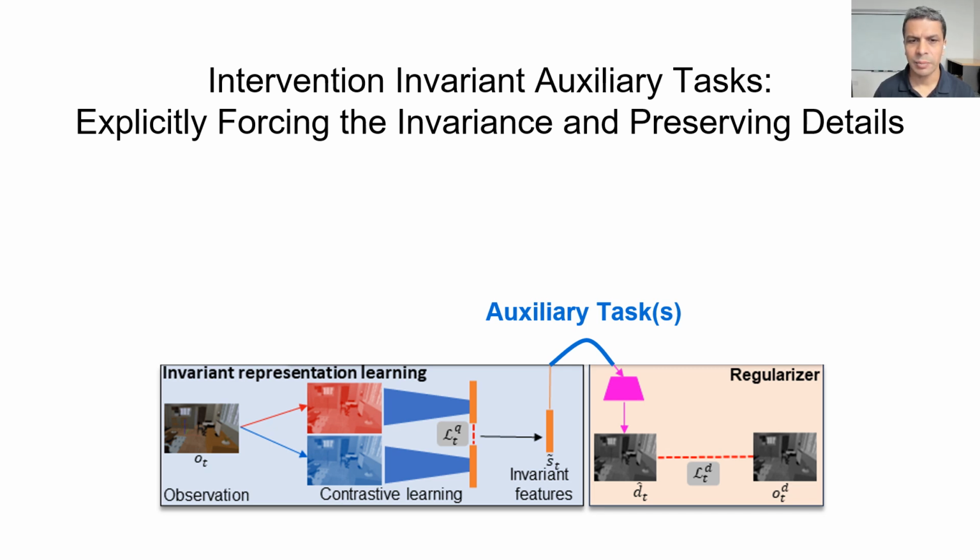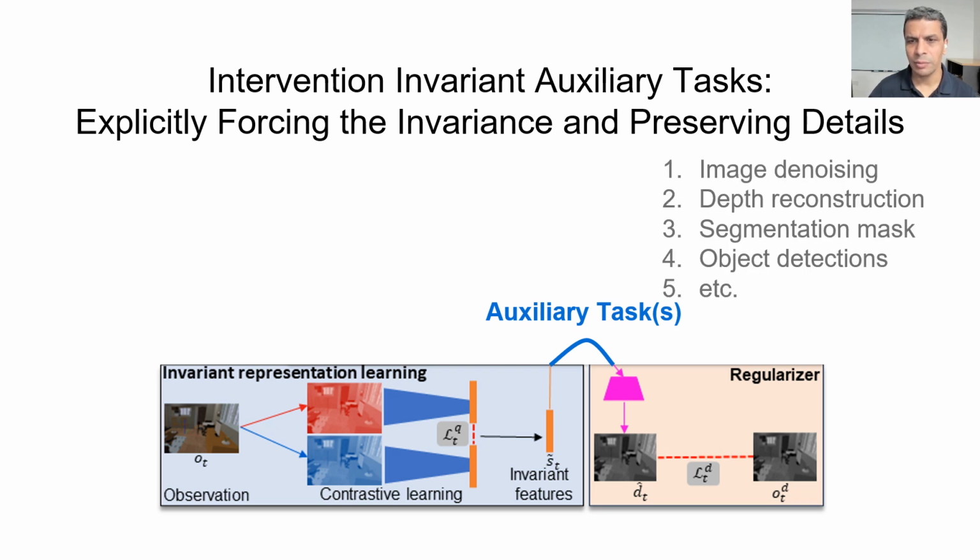The intervention can be image denoising, image masking, or data augmentation, and the auxiliary tasks can be depth prediction, image denoising, semantic segmentation, or object detection, depending on the environment and tasks at hand.